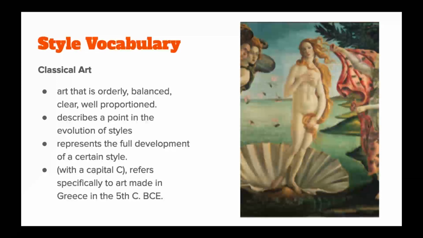And when we talk about full development of a certain style, the artists were trying to make art in the tradition of their own masters. Artists at the time weren't interested in making something drastically different or radically changing things. It's all very traditional, very conservative in their approach to artwork.